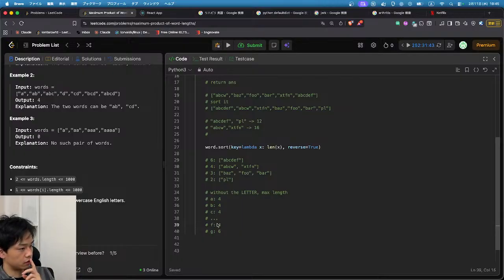We can get 4, but this is not good, because we have to find the words that don't contain A, B, C, D, E, and F.